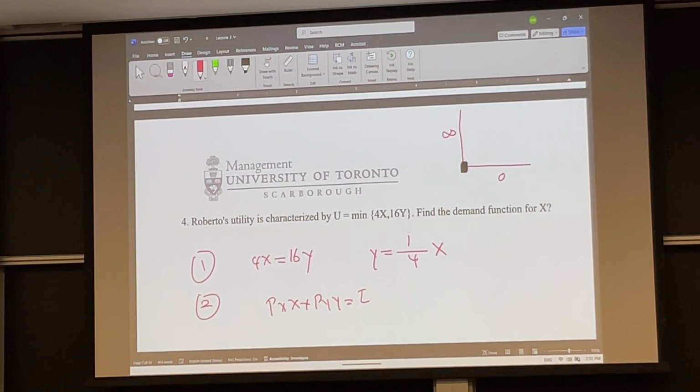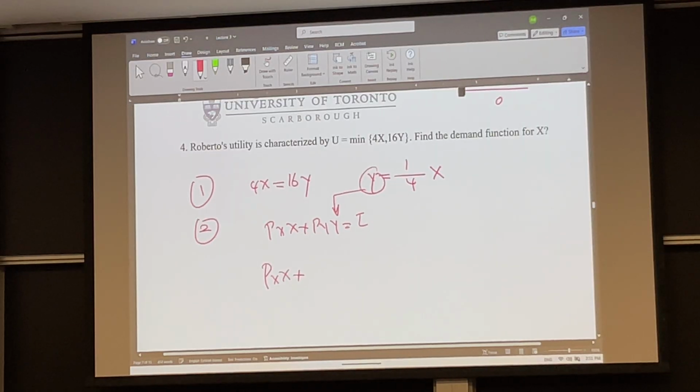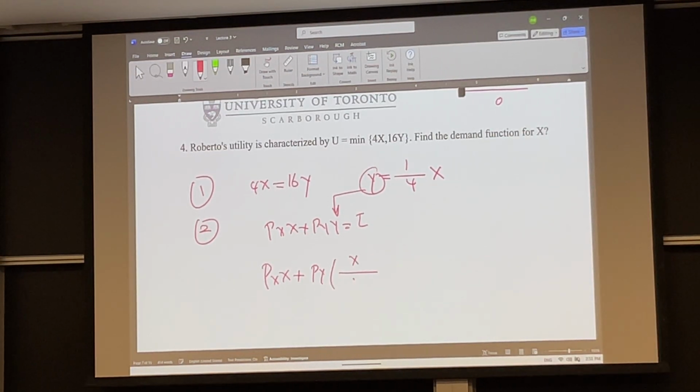Anyway, your task now is take this one and plug it there, and then solve it. That will give you demand for x. So what's the demand for x? I over px plus py divided by 4. Make sense?